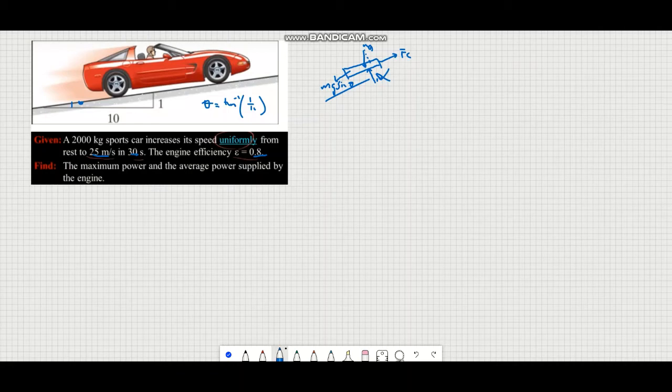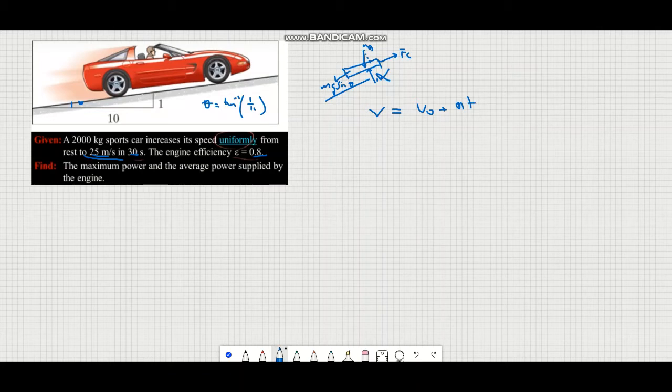Alright, let's use these terms, which is from rest to 25 meter per second in 30 seconds, in order to find the acceleration of this car. How can we find it from our kinematics knowledge? v final is equal to the initial velocity plus at, which is acceleration multiplied by time.